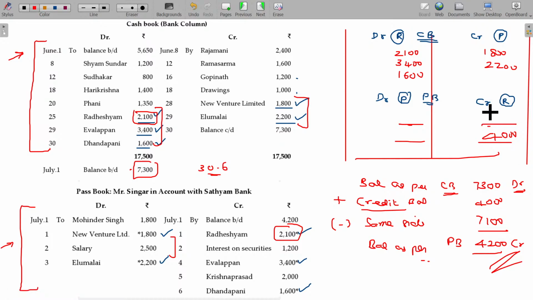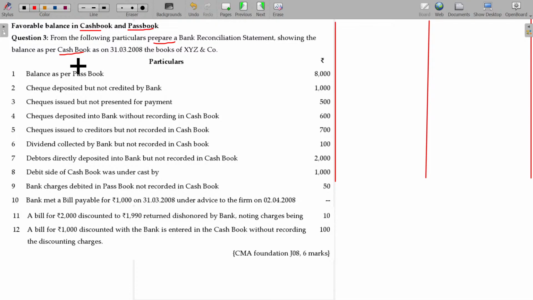Come on, make a note of it. Book as on the date. Balance as per cash book, as per passbook. So we have been given the balance as per passbook.